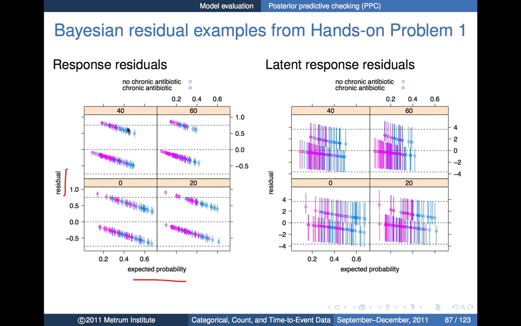But keep in mind, these are always going to be our yi minus the expected value. So if your yi is 0, you're always going to be down here below the 0, and if your yi is 1, it's going to be up here above. That's why you always have these 2 groupings depending upon whether the observed value was a 0 or a 1.